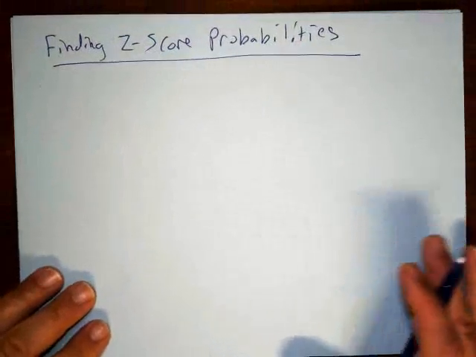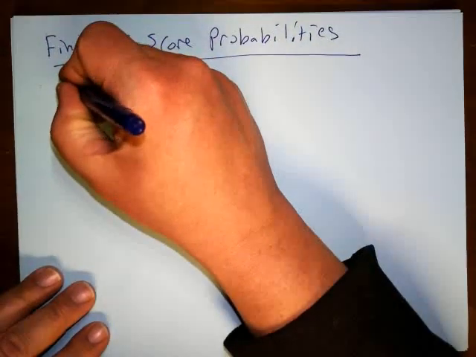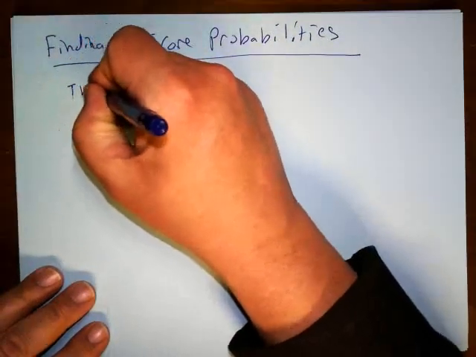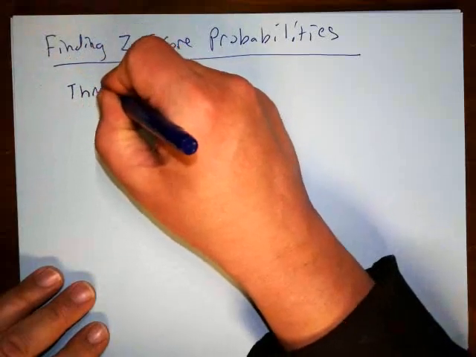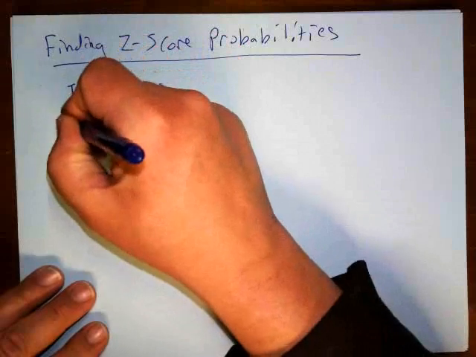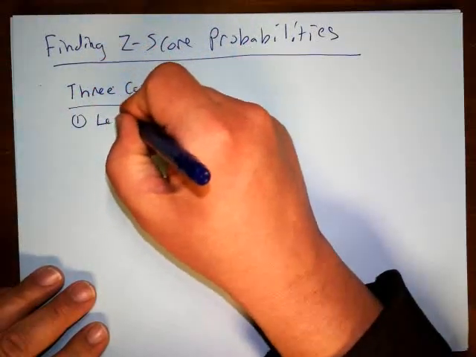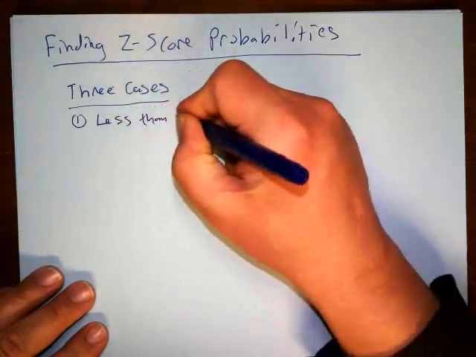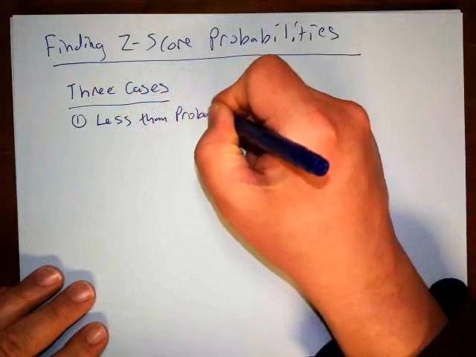And there are actually 3 cases here that we're going to look at. The first case is a less than probability.